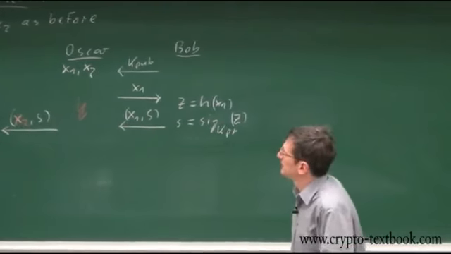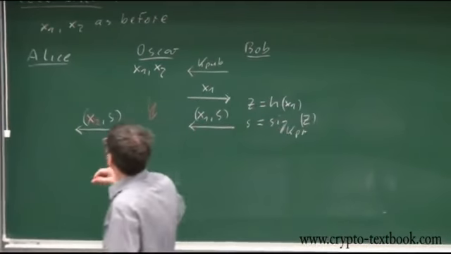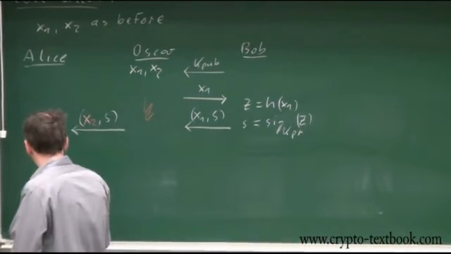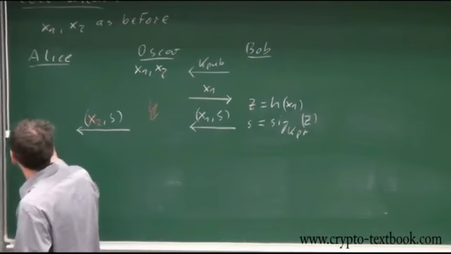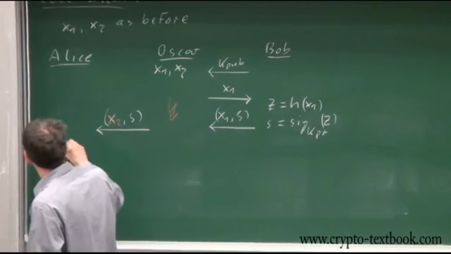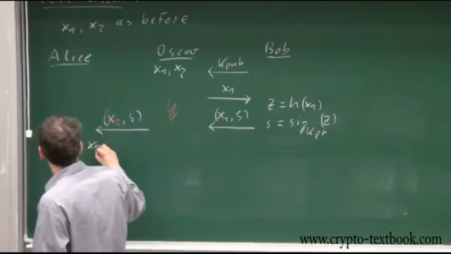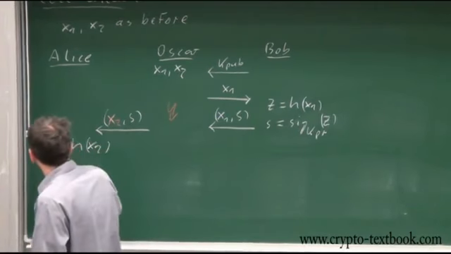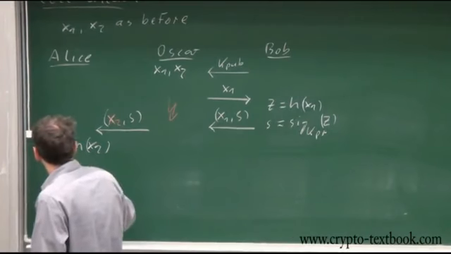Okay? And again, then Alice is a bank. Alice knows the public key of Bob. So first thing she does, she rehashes. And then she verifies.